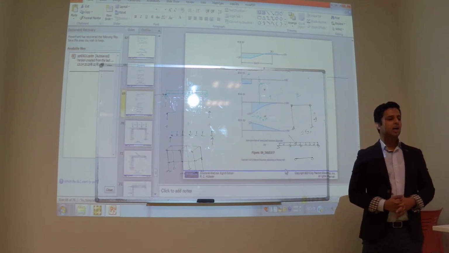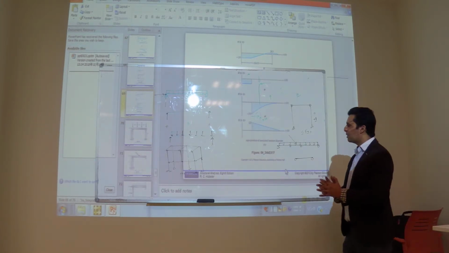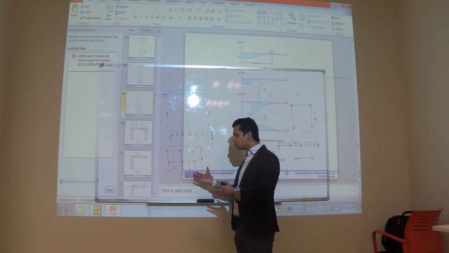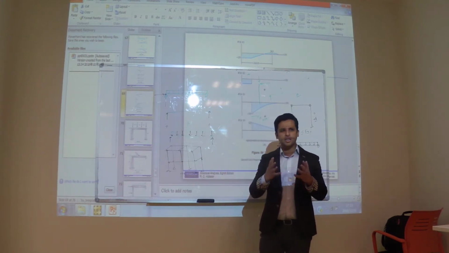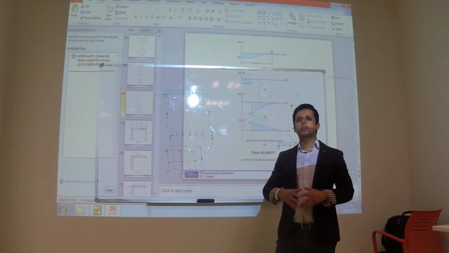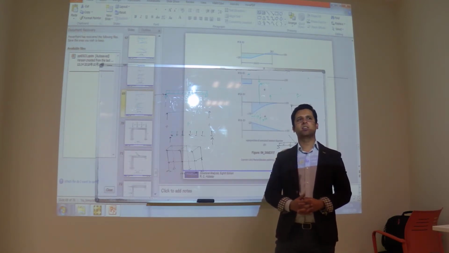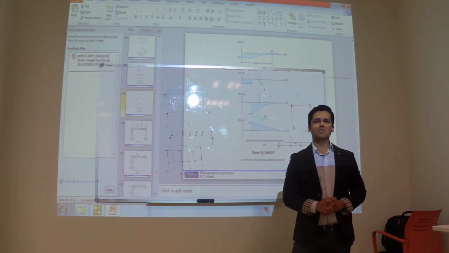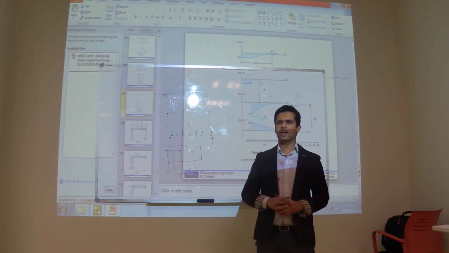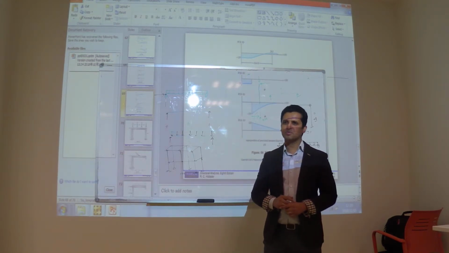But I mean, if you do not learn how to solve this frame, how to find the reactions, how to find the shear force and bending moment, then I think you feel something missing in yourself as an engineer. Am I right?